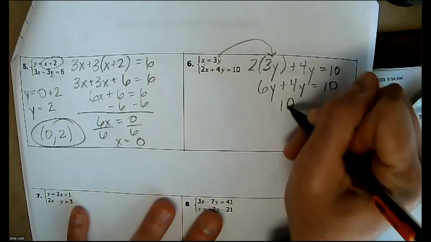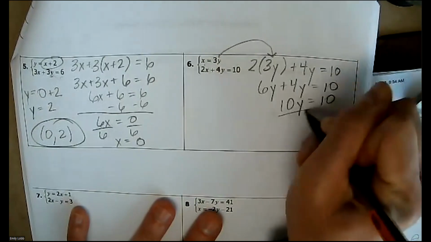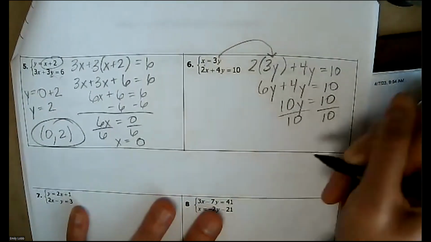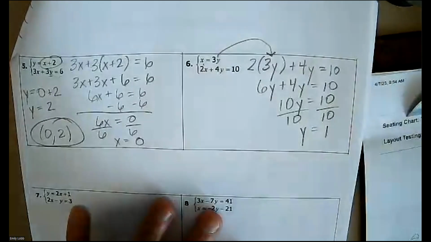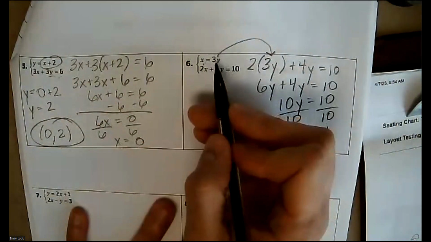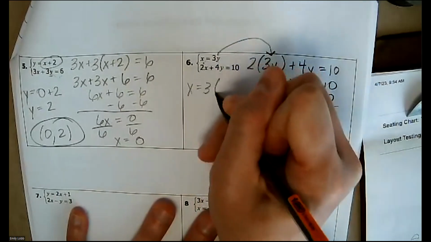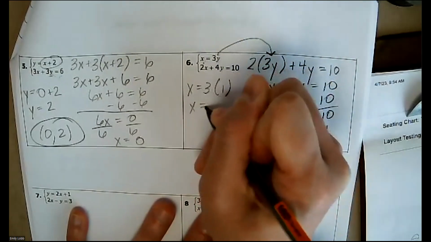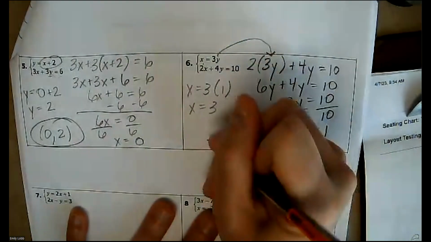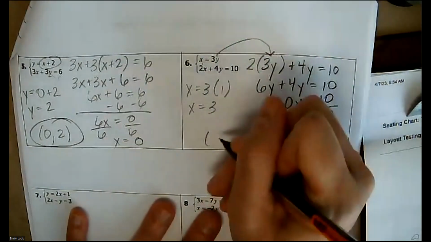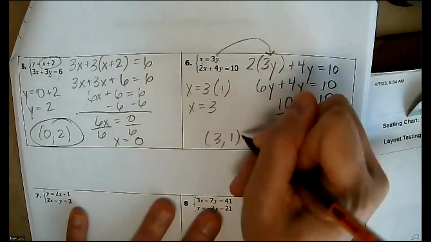So 10y is equal to 10. So 1y must be 1. Now I'm putting that back in to figure out what x equals. And x simply equals 3. And then remember we have to list them, x value, then y value.